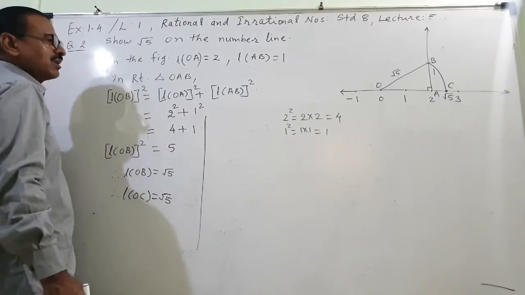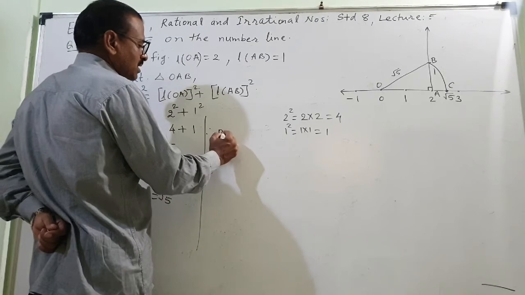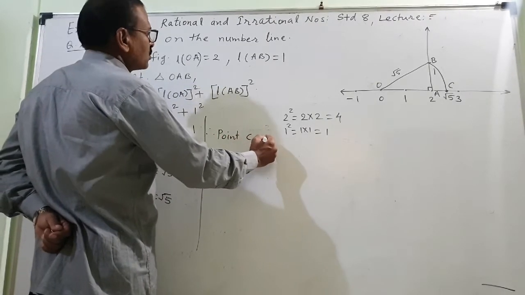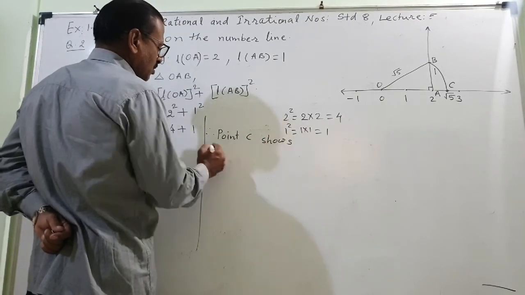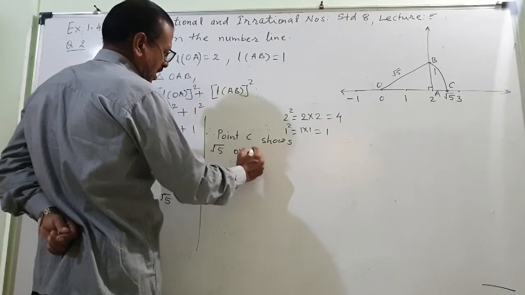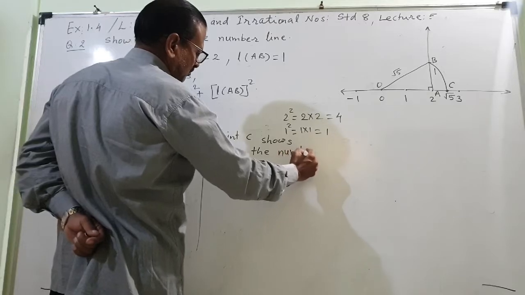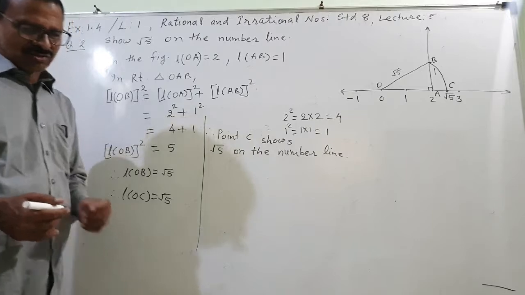Now we have to show the point. Therefore, point C shows or represents root 5 on the number line. Hope that you have understood this.